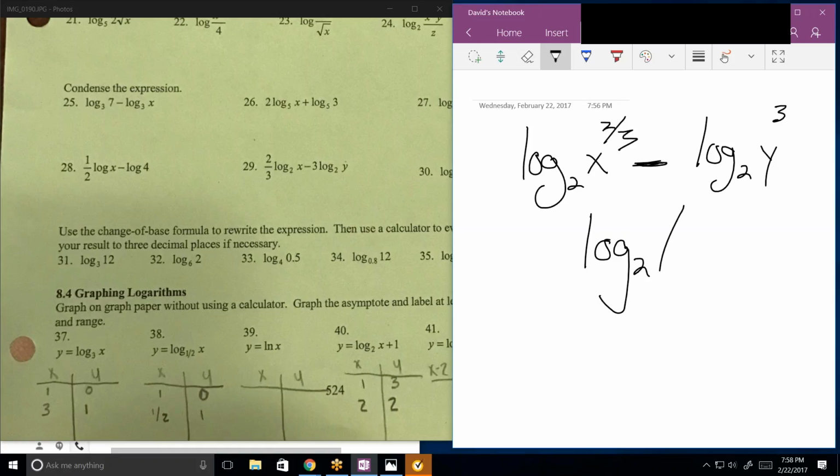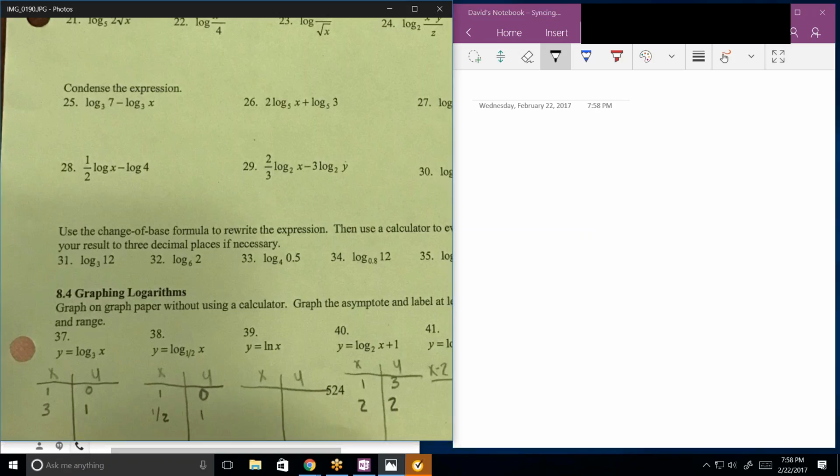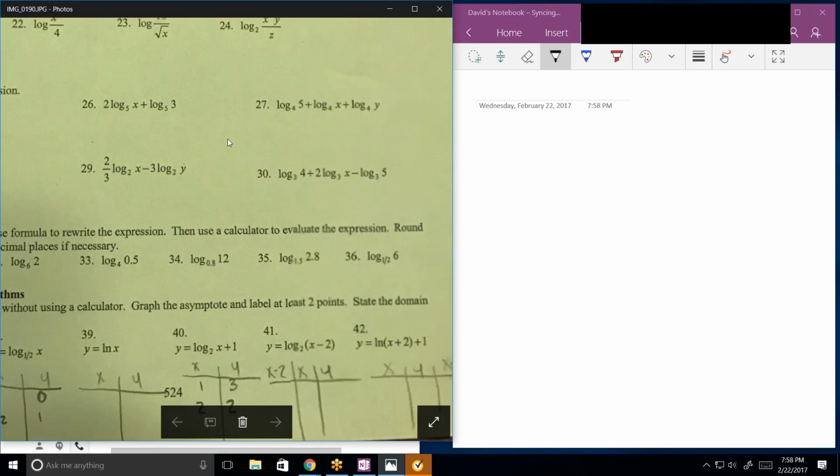What goes inside the parentheses? It'd be log 2, parentheses, and then x to the 2/3 over y to the 3rd. Real simple. Do those same 3 steps every single time. Okay?